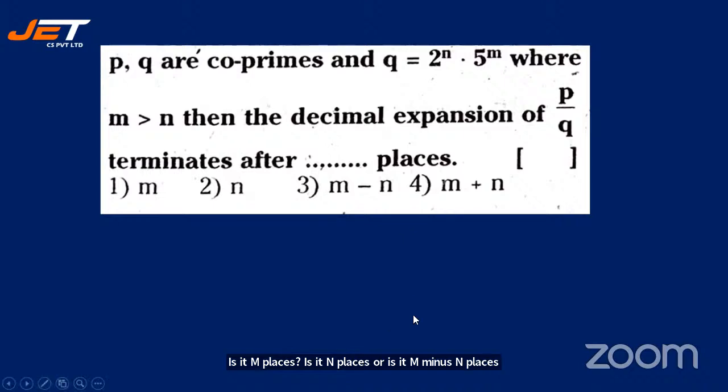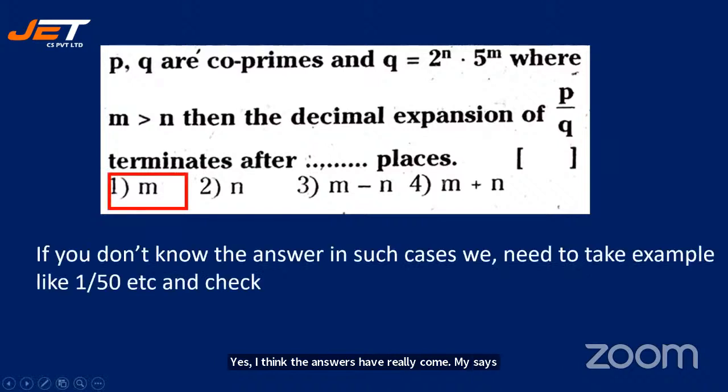All right, I think the question must be very clear. So you have to tell me the decimal expansion of P by Q terminates after how many places? Yes, I think the answers have really come. Many say option 4, few say option 3. Okay, it is option 1.